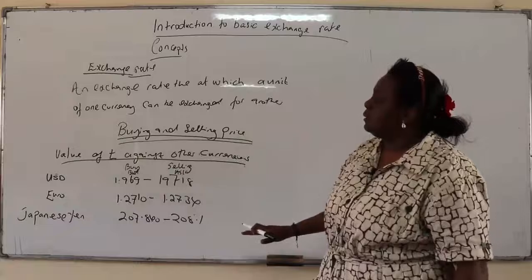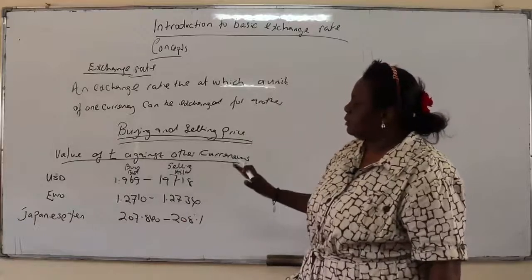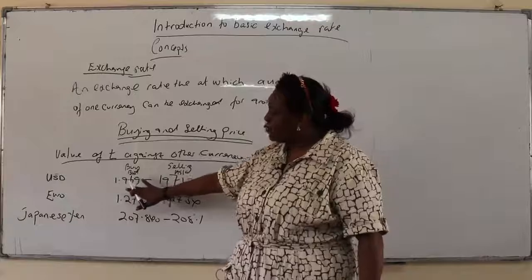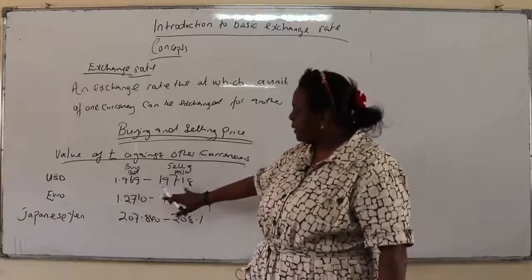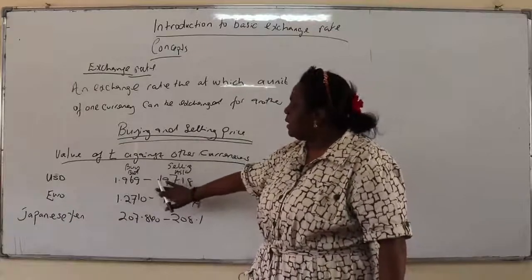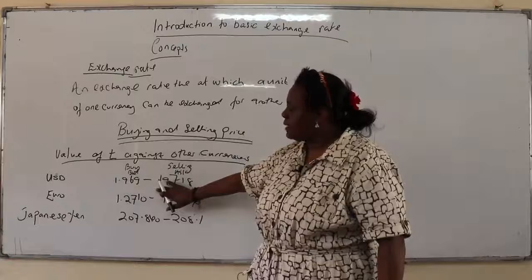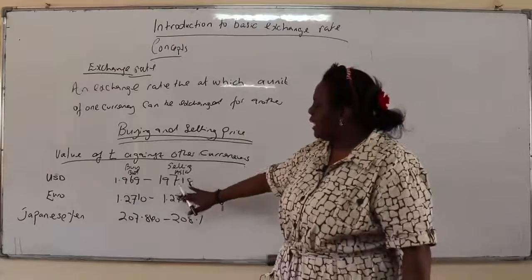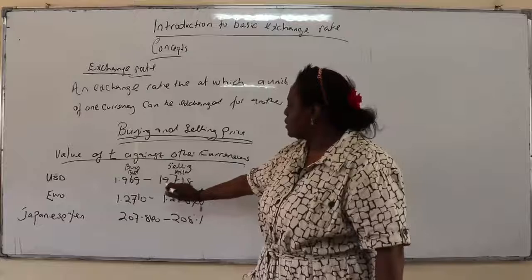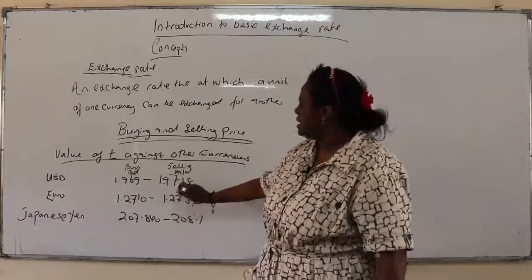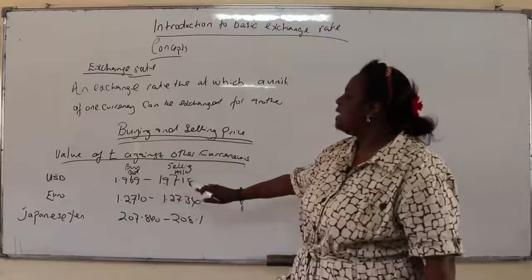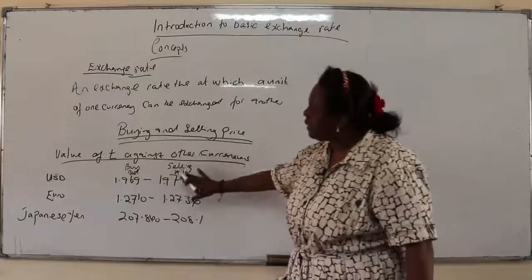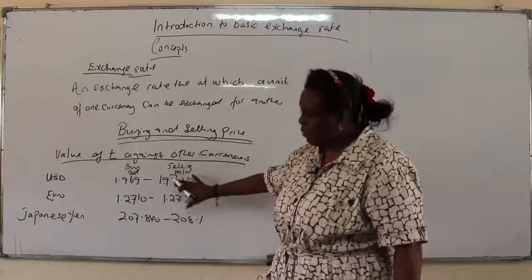No, it's not like that actually. At 1.9718, the bank in Britain is going to sell sterling pounds to an investor who would like to get sterling pounds.